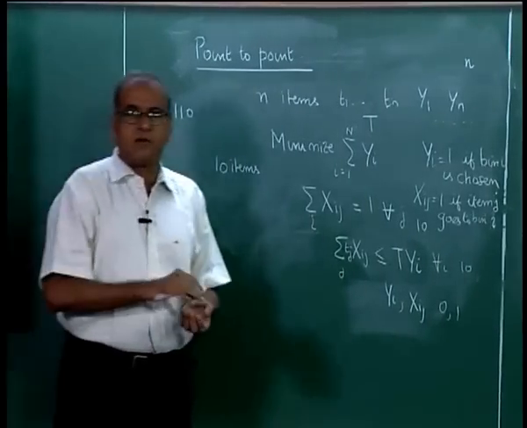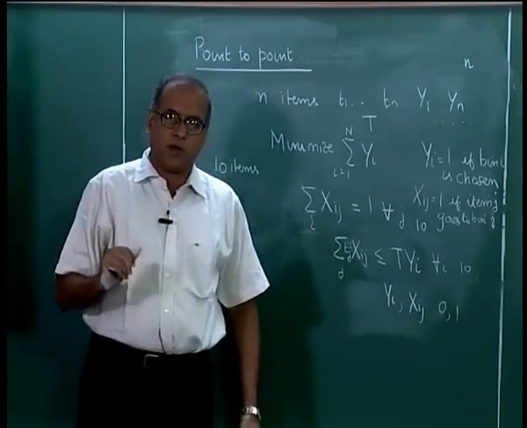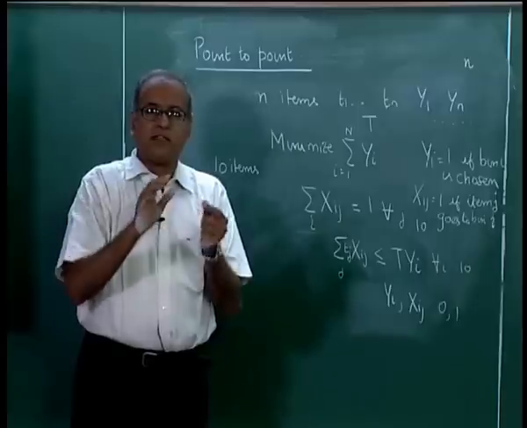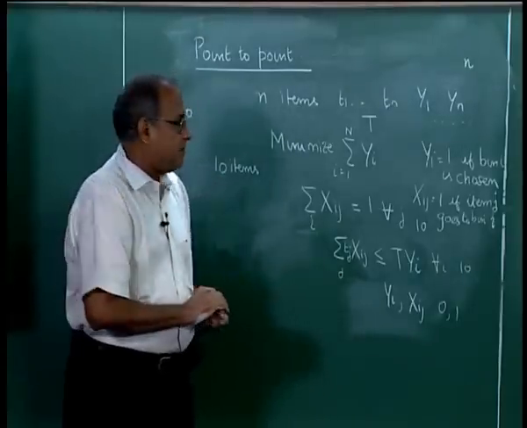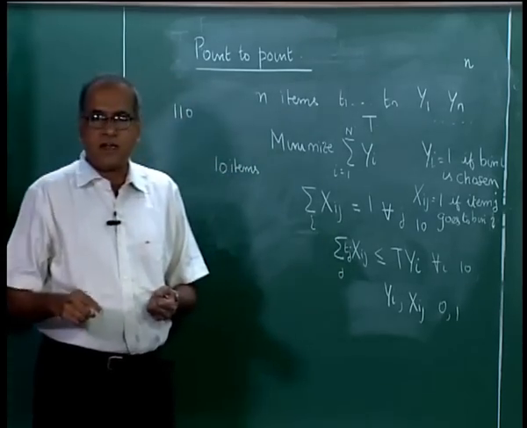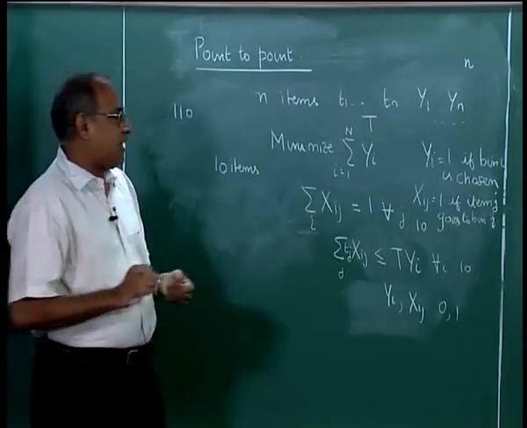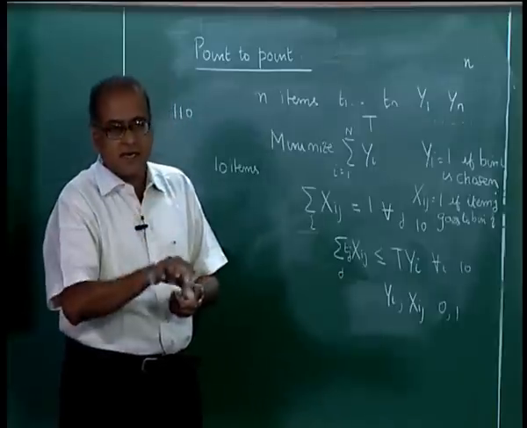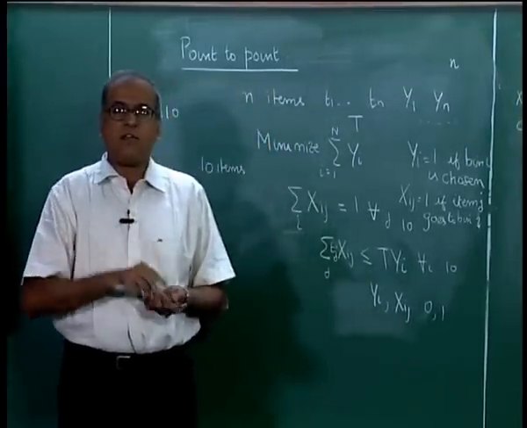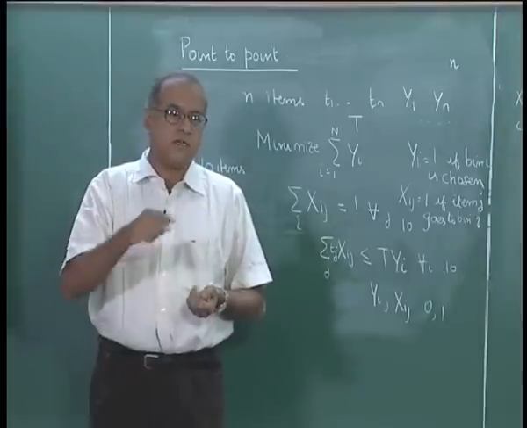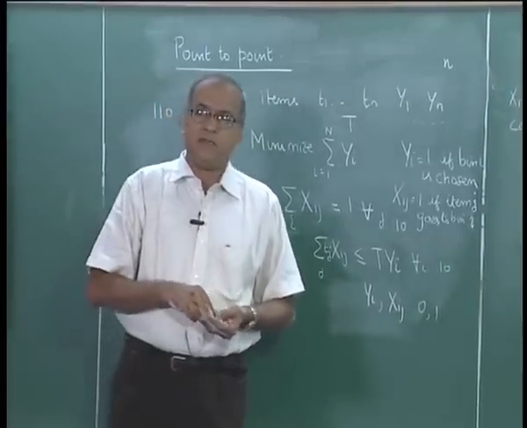So, it is customary to look at a heuristic solution to the problem, then find out a certain number of bins, and then solve the optimization by taking advantage of the fact that a heuristic solution would actually result in lesser number of variables and constraints. So, we will look at some of the heuristic solutions to the bin packing problem in the next lecture.